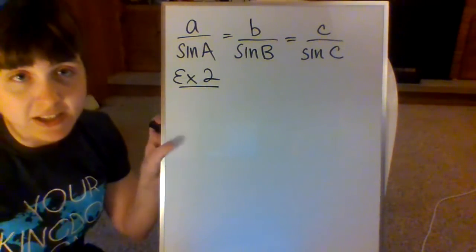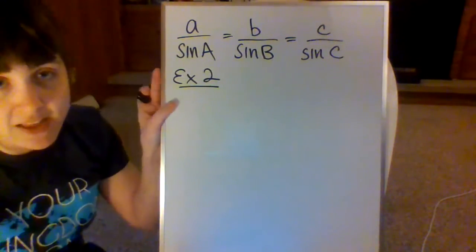Alright, so again, I'm going to take this off camera for a second to draw the triangle, and then I'll bring it back. Okay, so we have 51 in this corner, and we have 39 in this corner. 27 is this side, and our job is to find side BC.